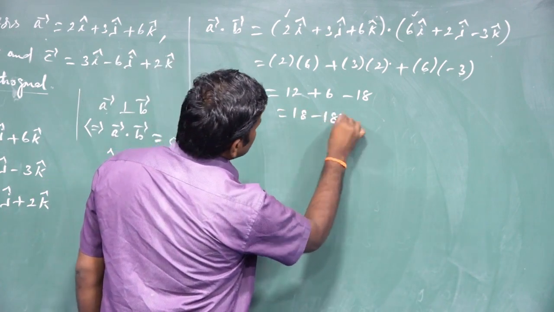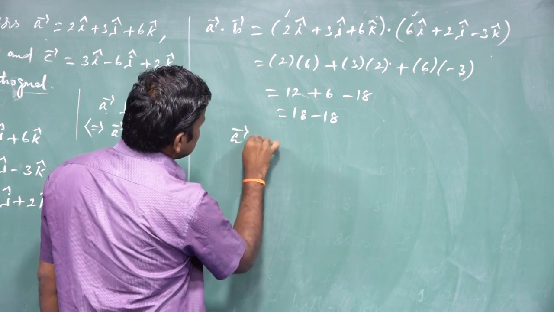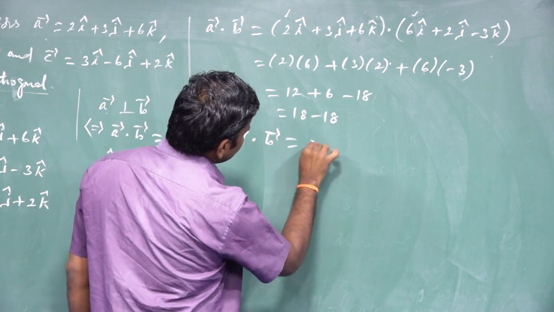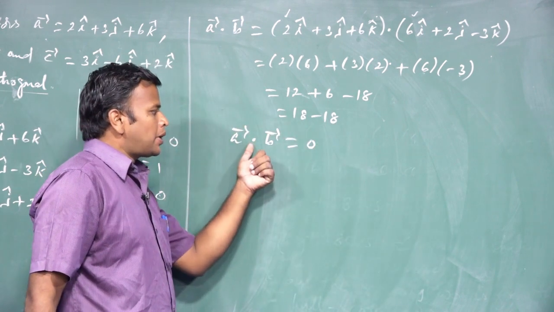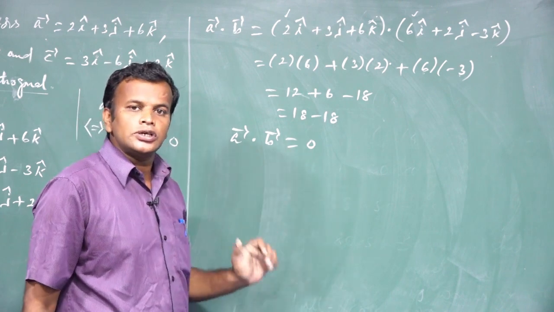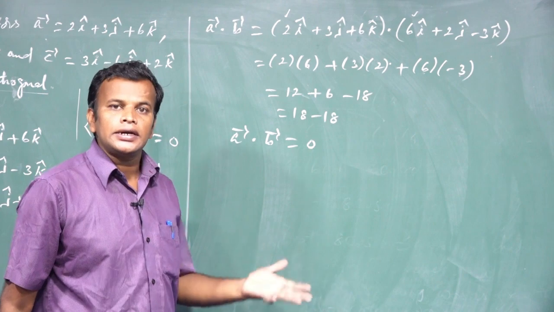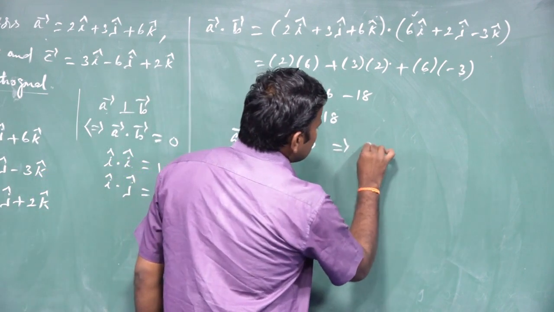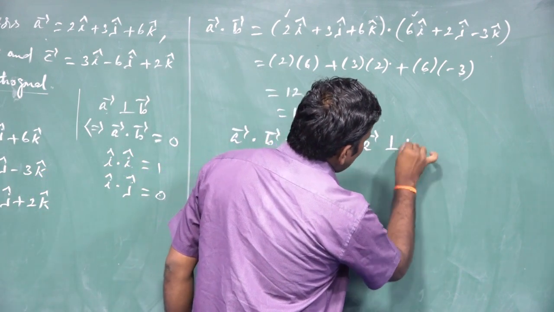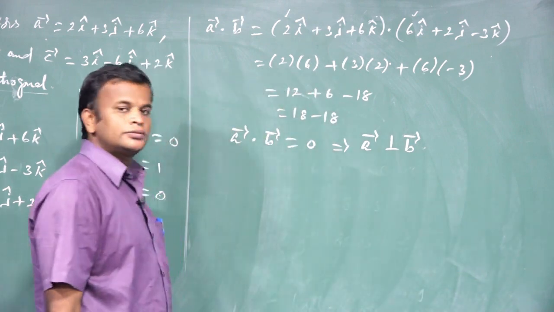So 18 minus 18 is 0. So the dot product of these two vectors is equal to 0, meaning the angle between these two vectors is 90 degrees. So a vector is perpendicular to b vector.